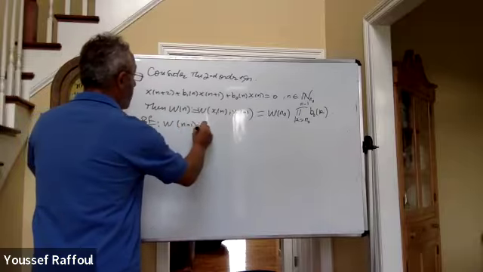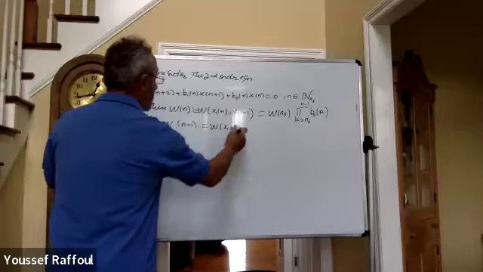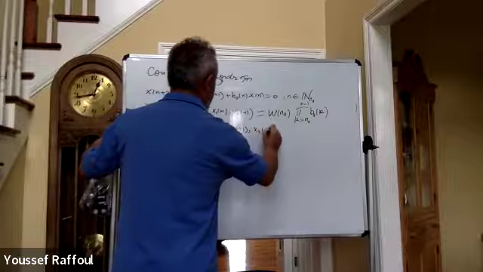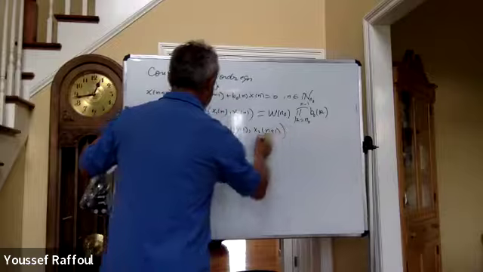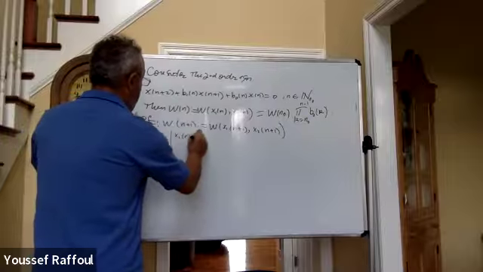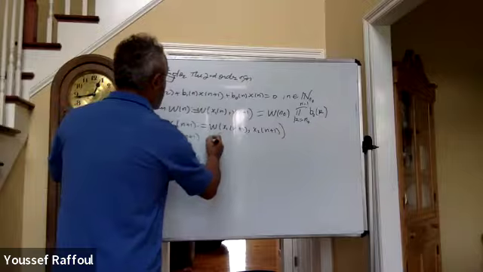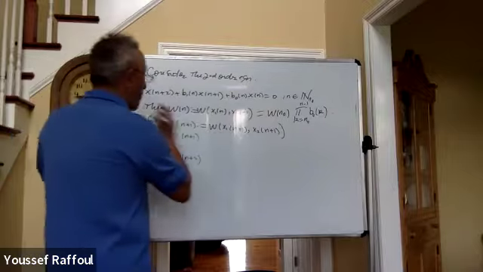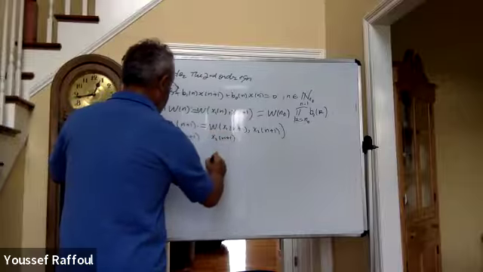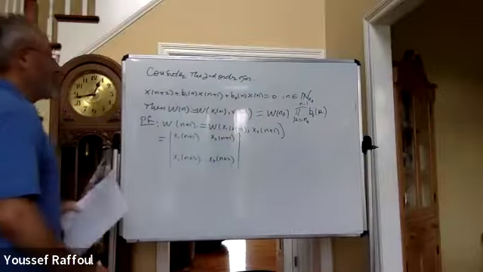W(n+1) is equal to W of x1(n+1), x2(n+1), and that is x1(n+1), x1(n+2), and x2(n+1), x2(n+2). See what happened?